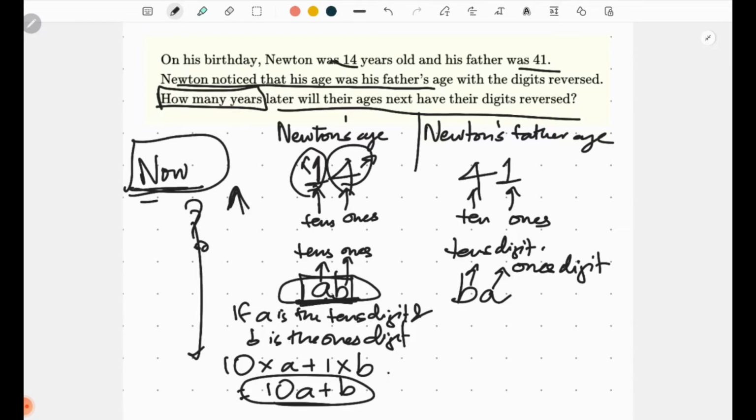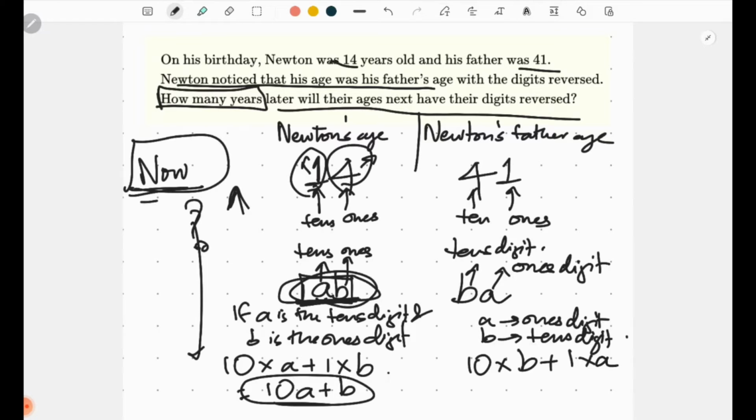And we take his father's age to be the age with digits reversed from this one, right? So A is going to be the ones digit and B is going to be the tens digit. So in that case, expand using these place values. That's going to be 10 into B plus 1 into A, right? So 10B plus A. This is going to be his father's age.